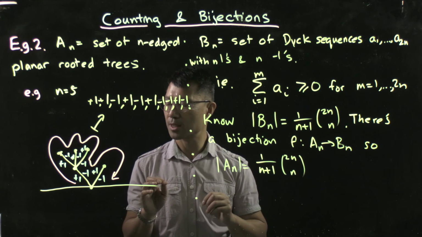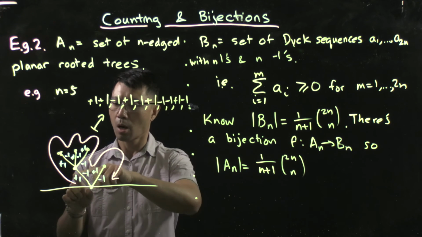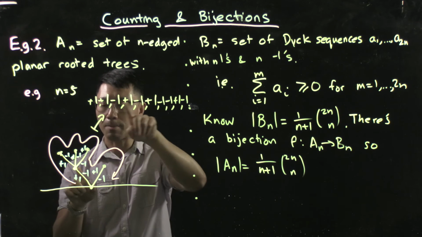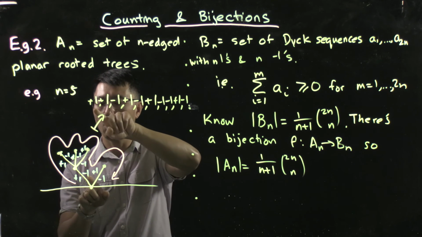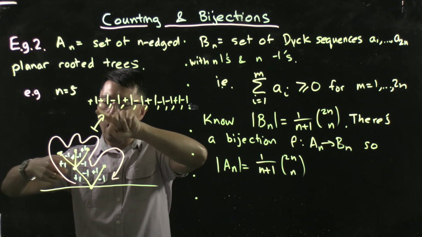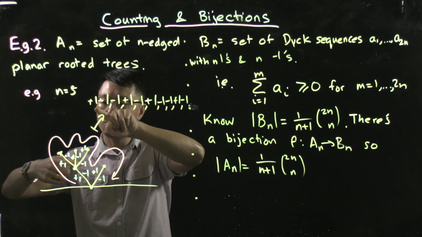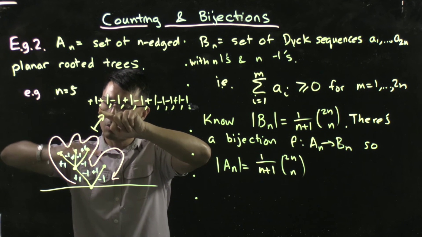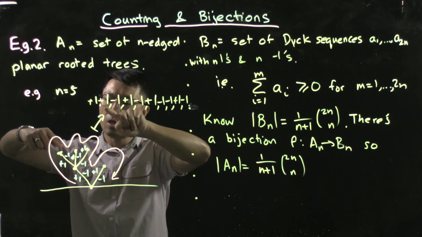They're always non-negative because when you look at the partial sums, what's the partial sum after the first one? It's up here. That's the first level, so you're up to 1. When you do another +1, you're on the second level here. So that's a partial sum.